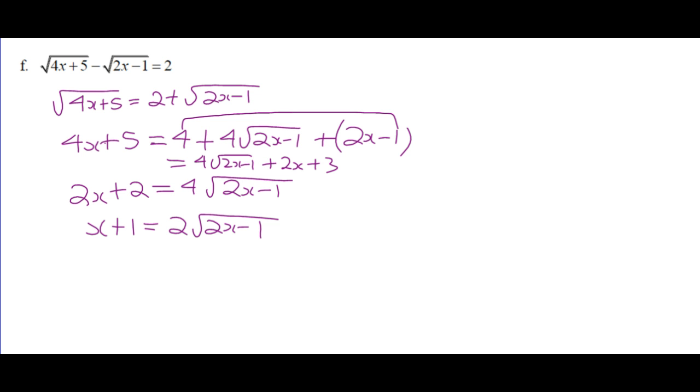Okay, so if you want to show that extra step, you may, right? Certainly. Okay, now what? Now we square both sides. So, what's the left side squared? x squared plus 2x plus 1. What's the right side squared?